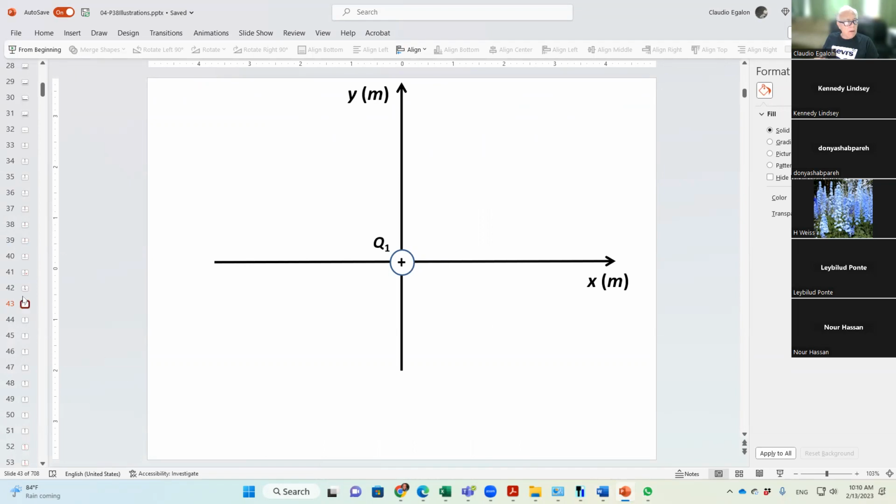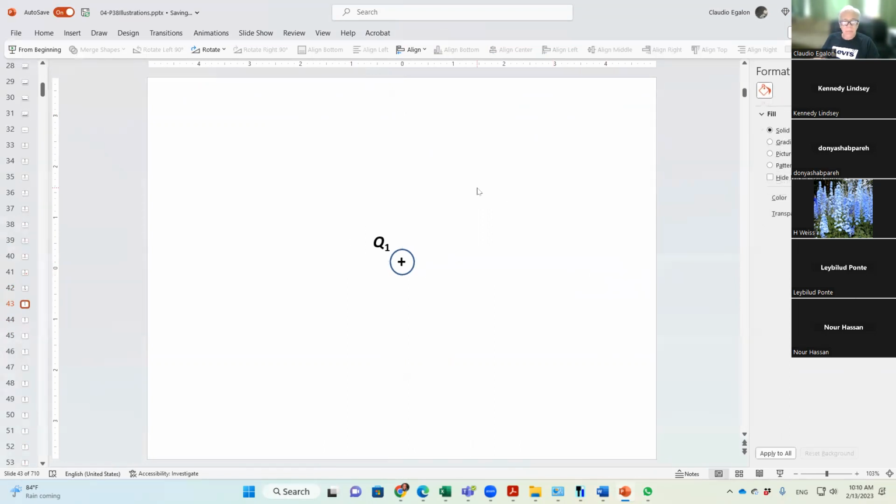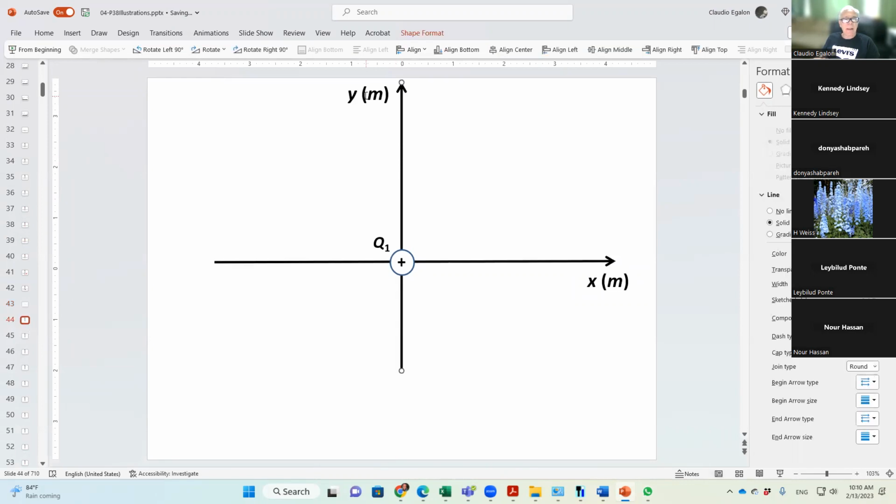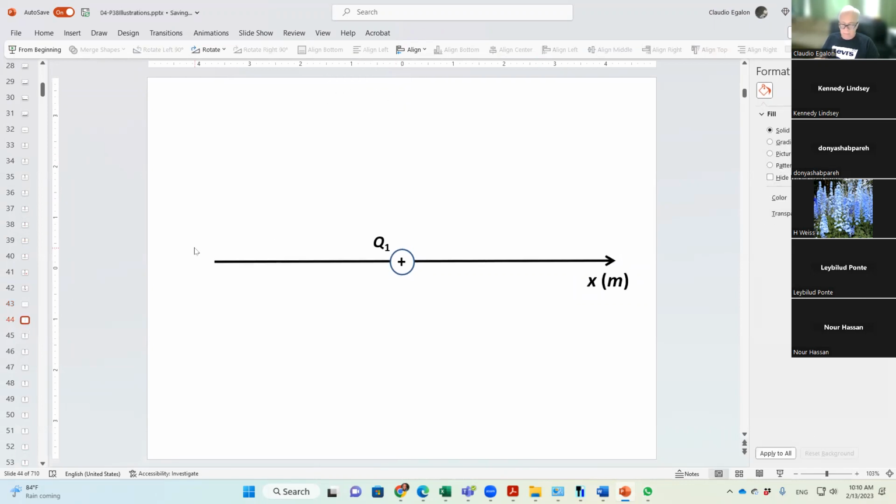We start here with my electric charge. I usually like to play the movie, just like I always do, right? Start from the simplest object in our drawing, and then we draw the x-axis. Playing the movie.